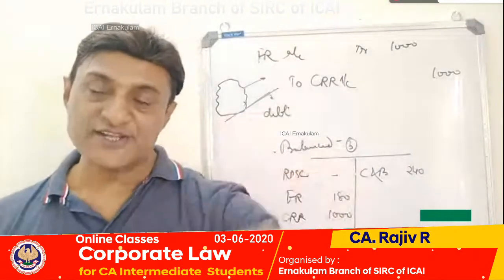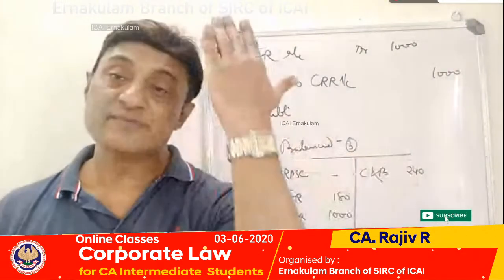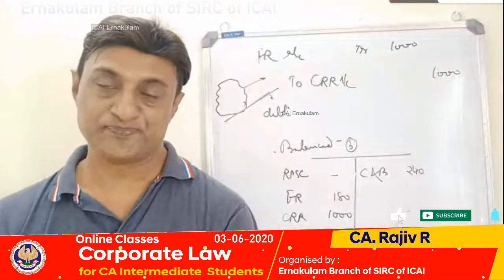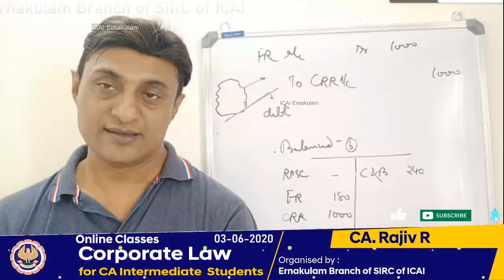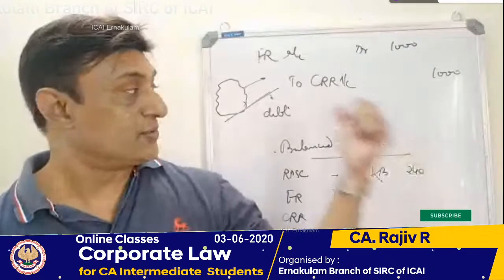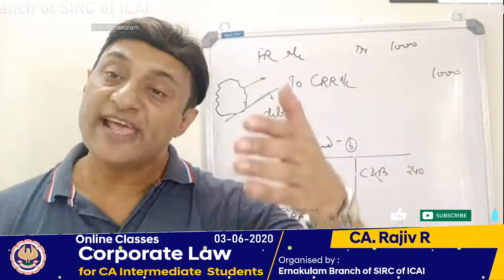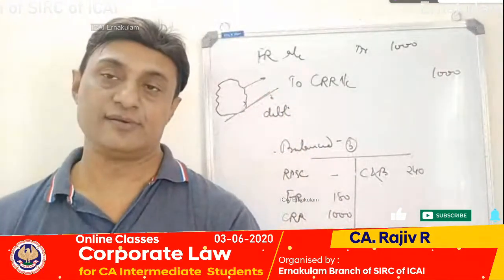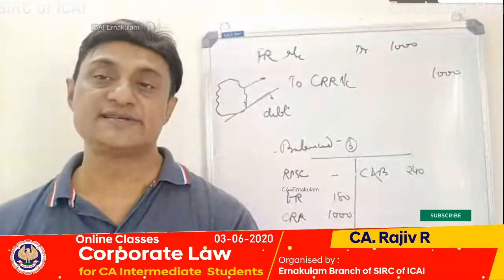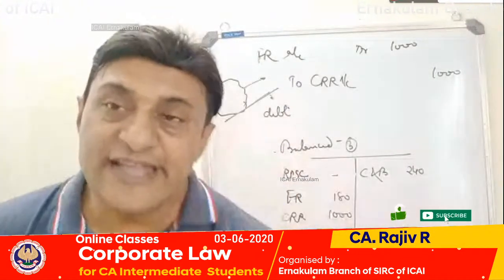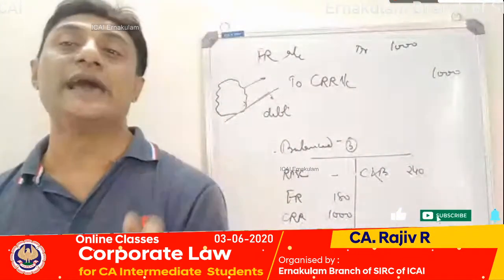Once you pay that interest on the debt, the balance becomes available for equity shareholders. Beautiful. That's how the word leverage came. Leveraging on capital, leveraging on debt, increasing the debt component in your total capital structure.